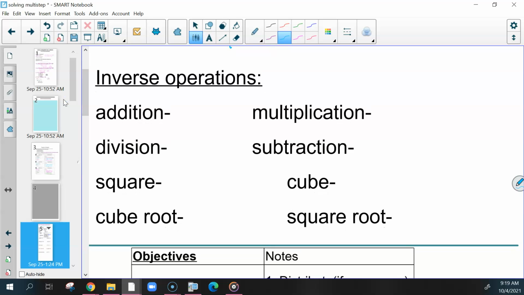Addition, subtraction, so I'm going to draw a line that connects these two. You can actually write it to either or. The opposite of division, multiplication. The opposite of squaring something.